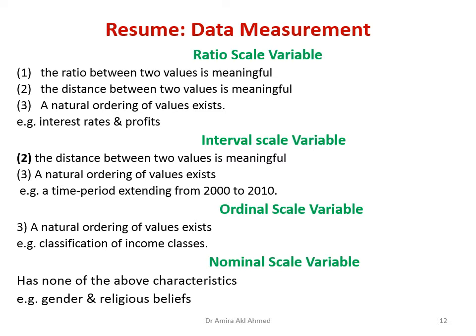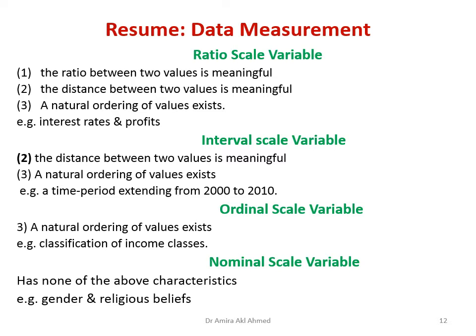Second, the distance between two values of this variable is a meaningful number as well. Third, there is a natural ordering of its values. Most economic and financial variables, such as prices, GDP, and profits, belong to this category.